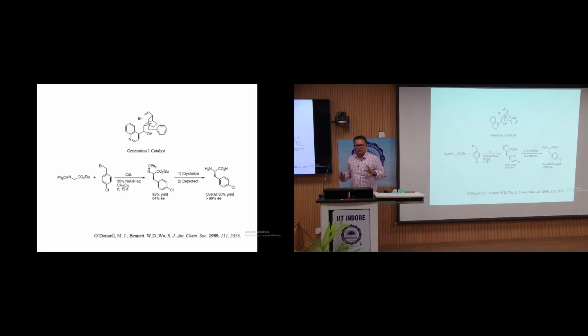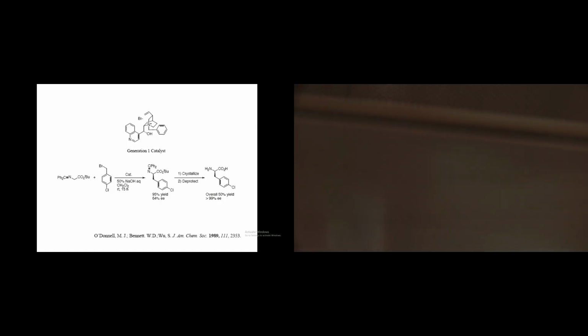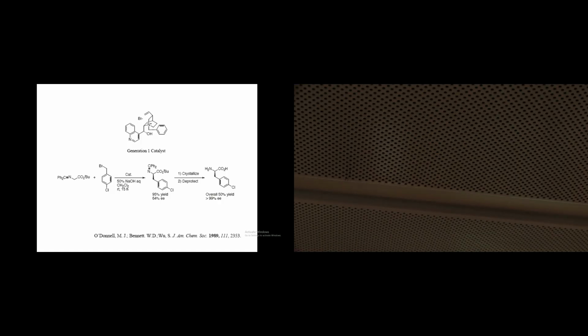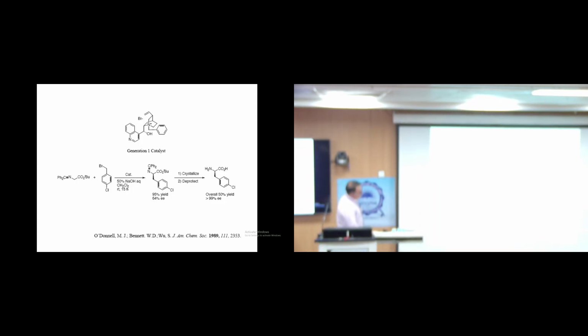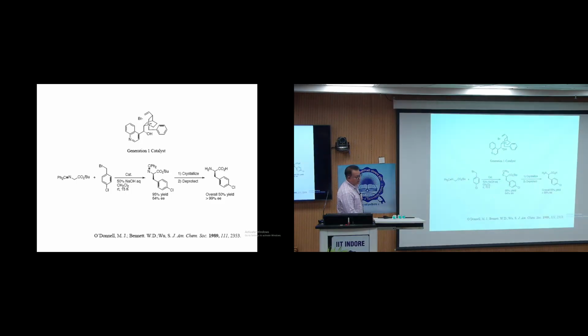No high temperature involved, no exhaustive conditions involved. It is a phase transfer system where you have DCM and sodium hydroxide in water. And you use the generation 1 catalyst, and you get a yield of about 95%, but 64% enantiomeric excess.